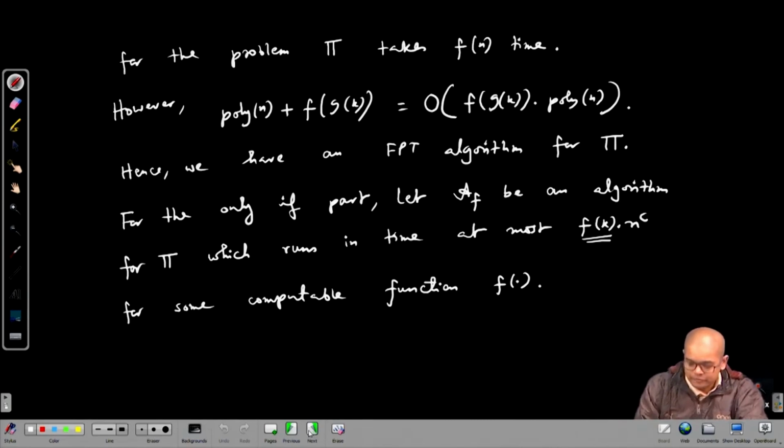So this shows that if we want to design a kernelization algorithm, we can as well design an FPT algorithm, and vice versa. To design an FPT algorithm is equivalent to designing a kernelization algorithm, but the runtime may be different.